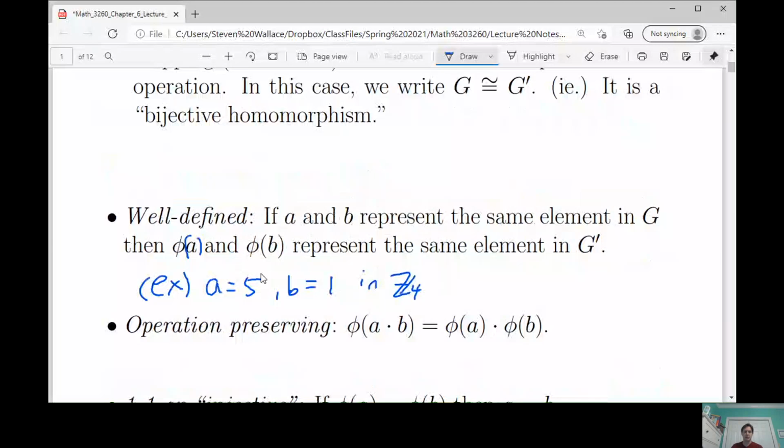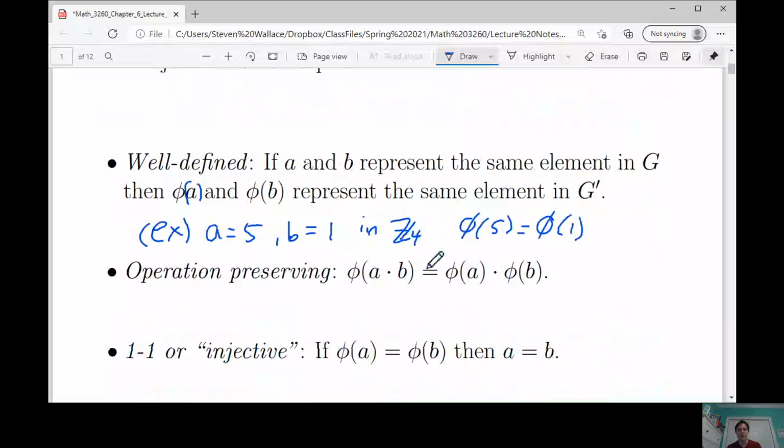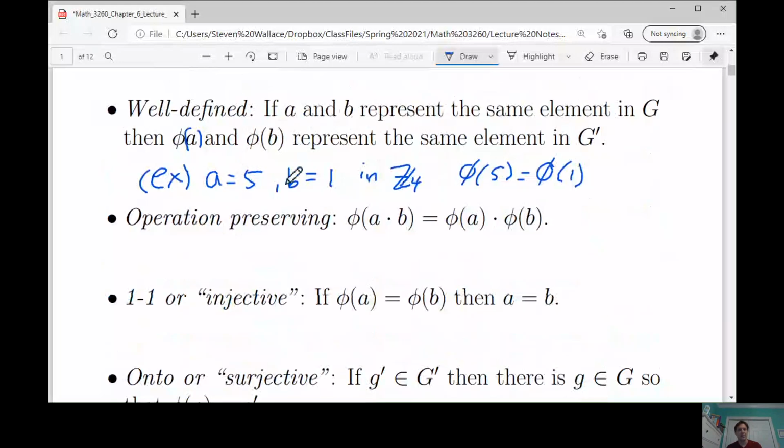Then phi of 5 should give you the same answer as phi of 1 when you put it in there. That makes sense? So these represent the same elements in here, even though they are different numbers. They could represent the same element in this group. So if there's some notion of equivalence in here, then the same notion of equivalence should happen when you send it via the mapping to the other group, the target space.